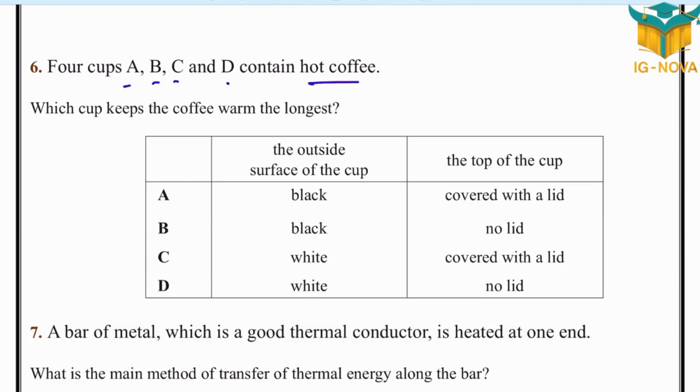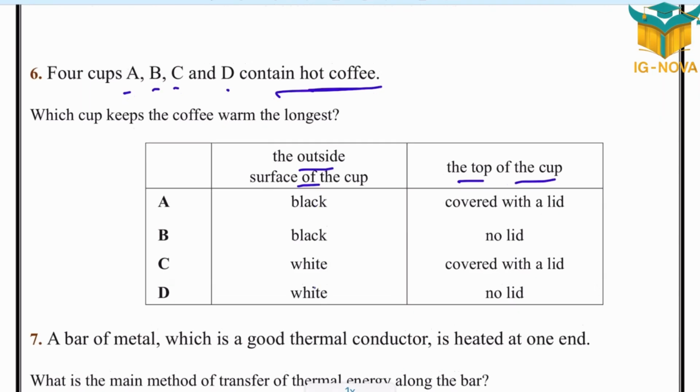Let's explain. Look at the outside surface of the cup and the top of the cup. See, the four cups all have the same hot coffee, but which one will keep it warm longest? Here we have black and white surfaces.